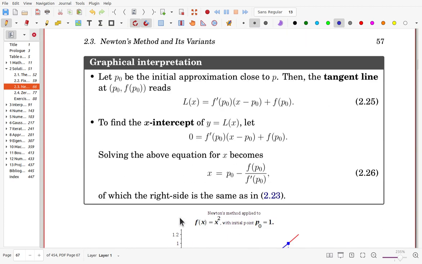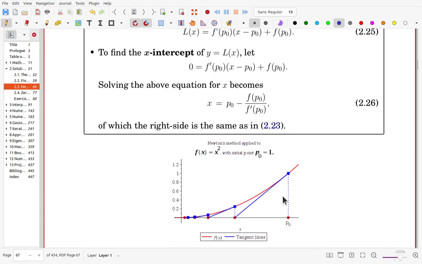Okay, now Newton's method can be interpreted graphically. Now p0 is the initial approximation and close to p. Then we may get a tangent line at p0, f of p0. Look at this figure. P0 is given, then we make a tangent line, that one.